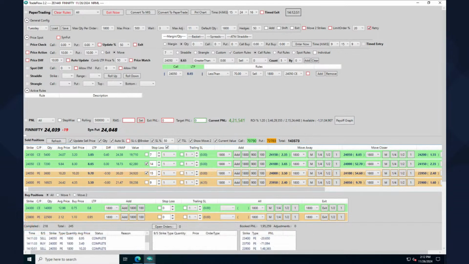Okay, I'll tell you. So this is basically, right, the call: in case both of these expire at 0, which means if Nifty expires at 24,050, these premiums will become 0, right? And the same thing, these put premiums also will become 0. That is what the value is showing. Right now these two spot prices, the quantities multiplied by the price, this is what I'm going to get in case it expires at that particular spot price. But in case it doesn't expire there, obviously I'm going to lose money. Put side also same thing. In case it expires above 24,050, I'm going to get this much money.